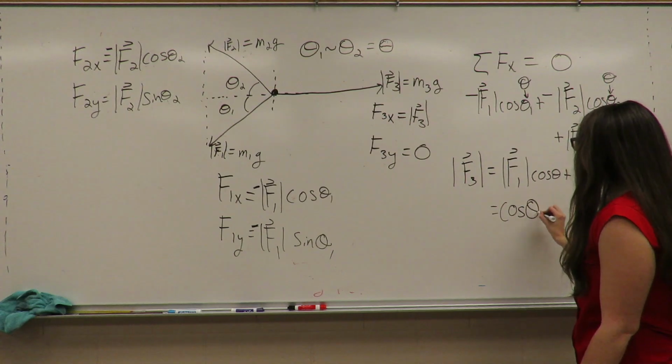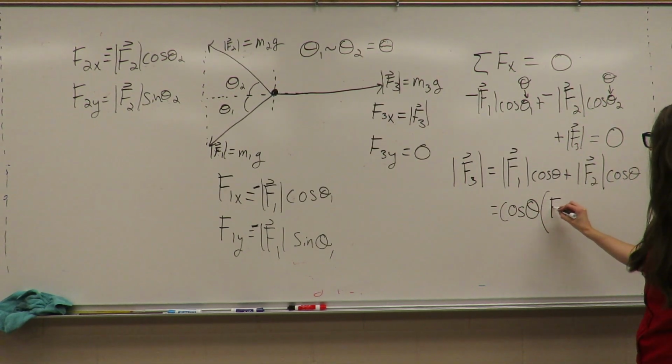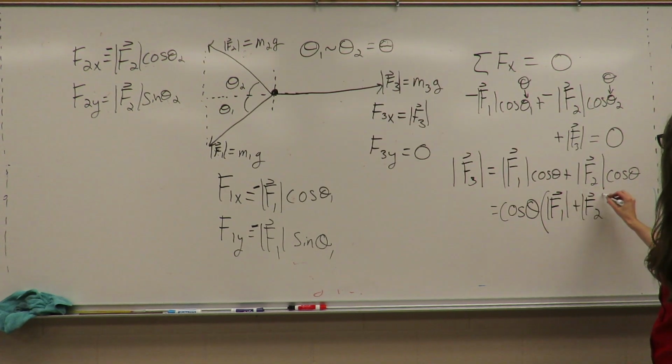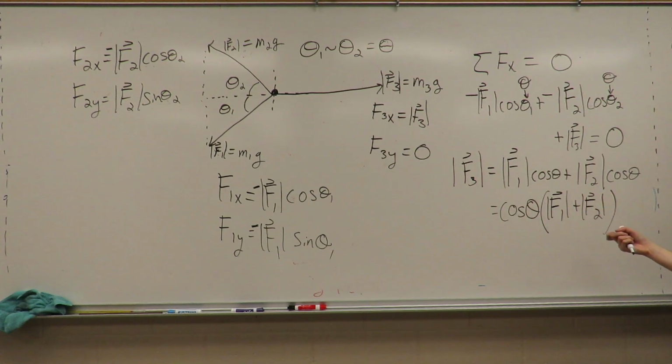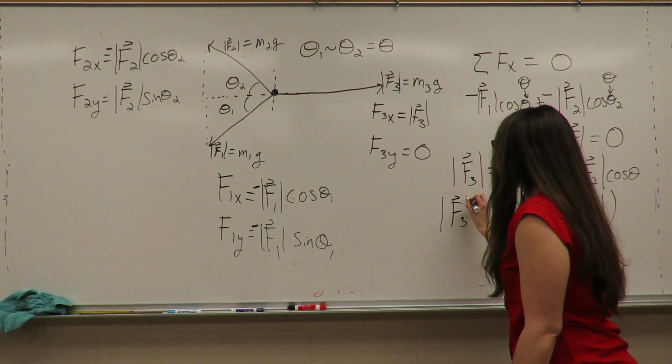Okay, so now I'm going to factor out a cosine theta from these two terms. This is some algebra here. So I factor out a cosine theta, and then I'm left with F1 plus F2 inside the parentheses here. So if I take cosine theta and I multiply it through to F1, and I multiply it through to F2, I get the same thing above this line right here. Okay, so all of this is equal to the magnitude of F3.